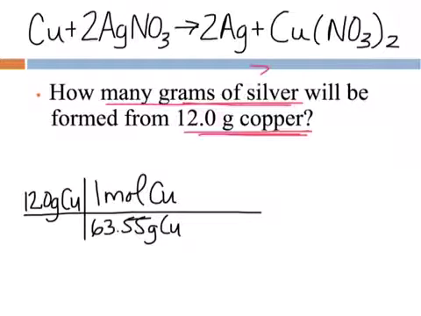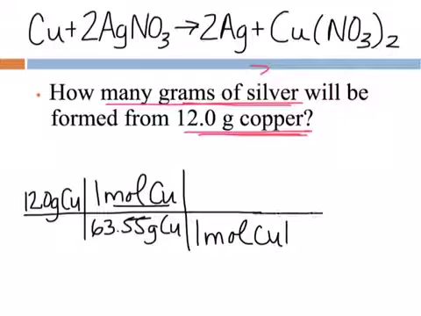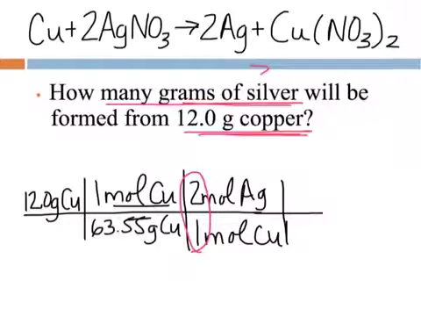I had to get it into 1 mole of copper. Now don't forget, before you used to just be able to write 1 mole, but now you need to make sure you write moles of copper. Why? So that you can have moles of copper down here. And we're going to get 1 mole of copper for every 2 moles of silver. These numbers right here, these are the coefficient ratios, the mole ratios, and they come from the balanced chemical formula.